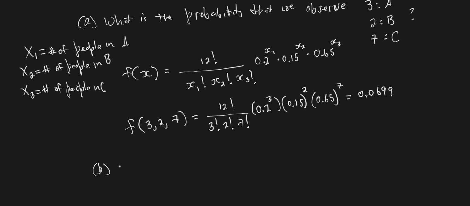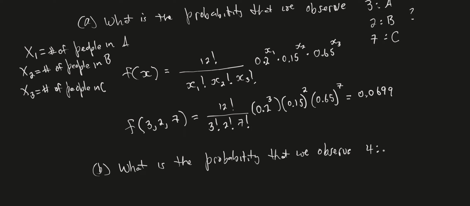So again, what is the probability that we observe, now let's say, 4 in category A, and let's say none, right? 0 in category B, and then, well, not let's say, that would mean 8 in category C, right?